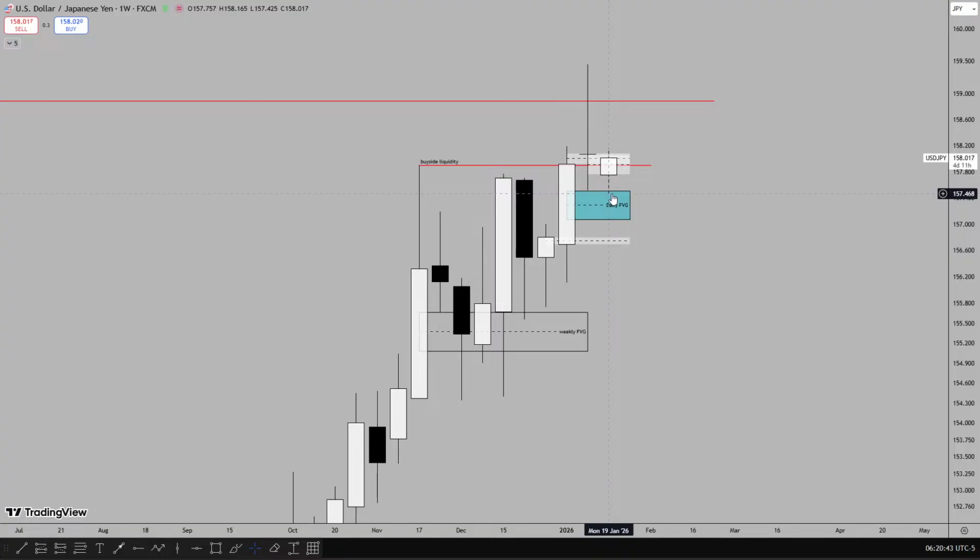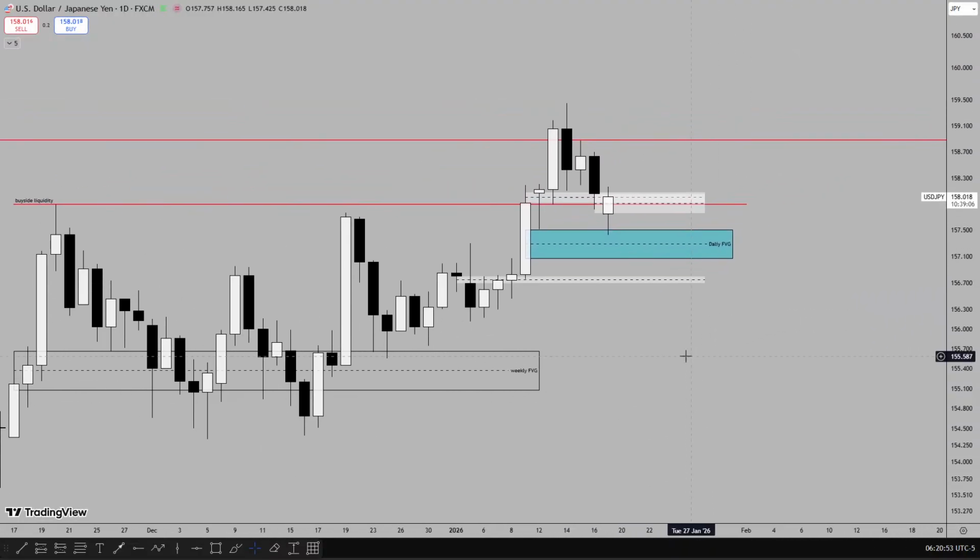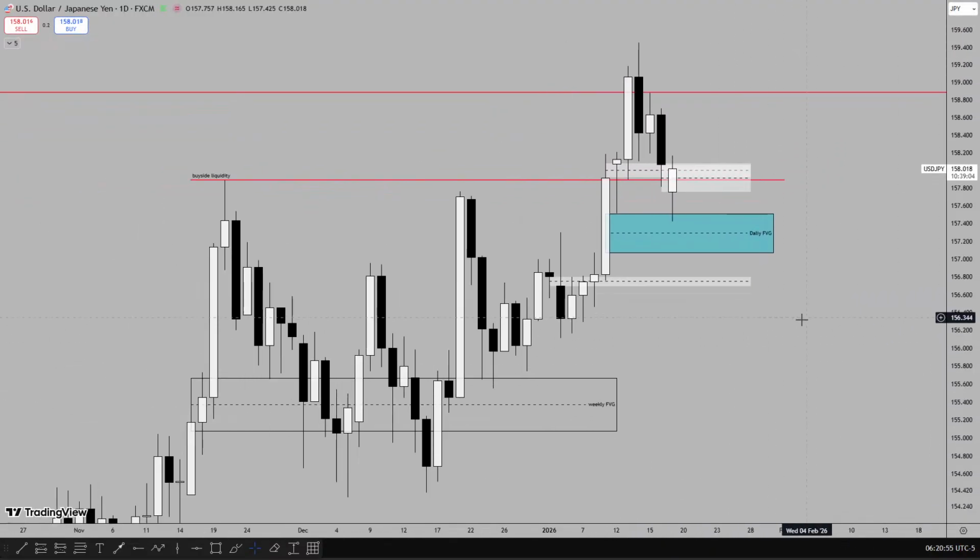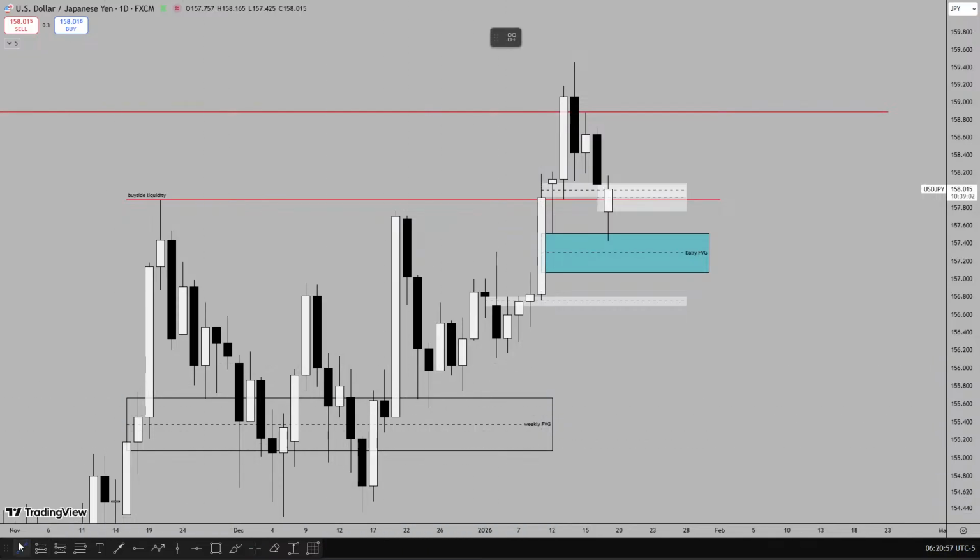So if we look at the weekly perspective compared with the dollar, it's aligned with the idea of higher prices on the dollar index. So we might see higher prices from the daily fair value gap to run out the buy side liquidity.